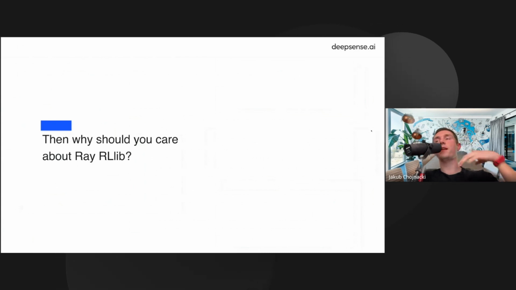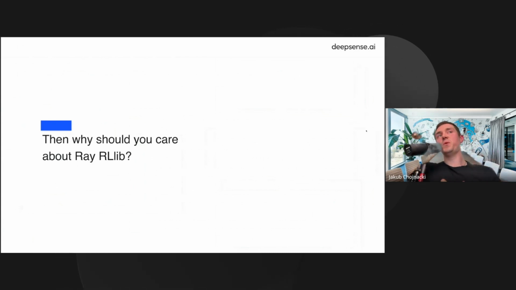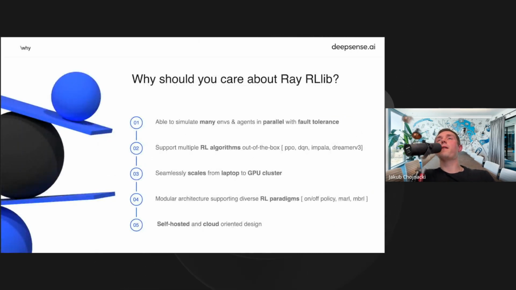And so, given that example, why would you still care about any framework? If we know the mental idea, where is the problem? Why Ray RLlib? First and foremost, every multi-agent system requires many interactions with the environment, and having a single environment is pretty hard for any RL problem.